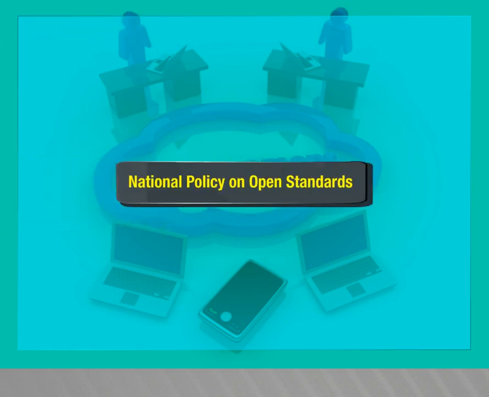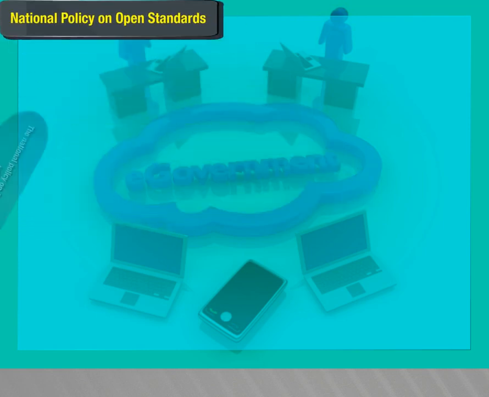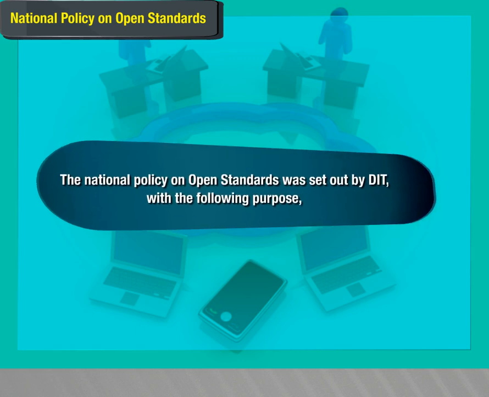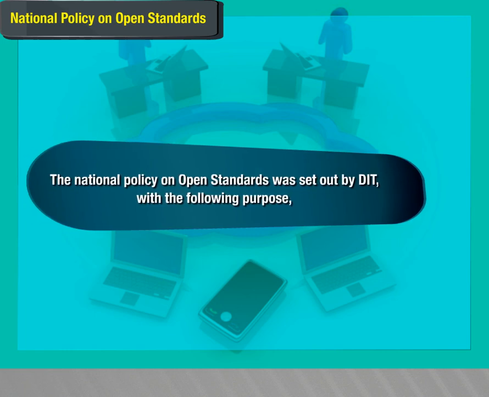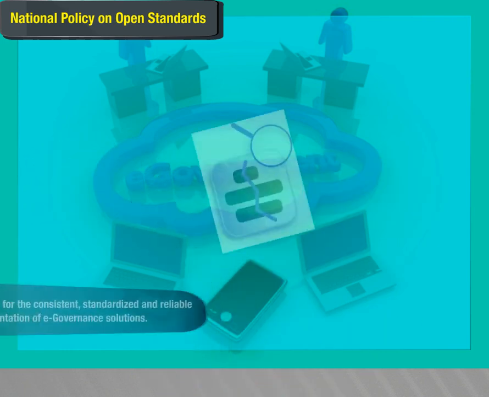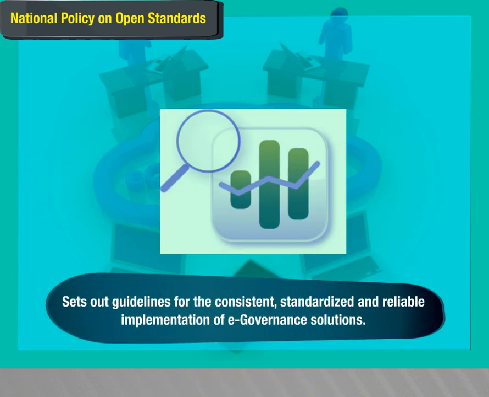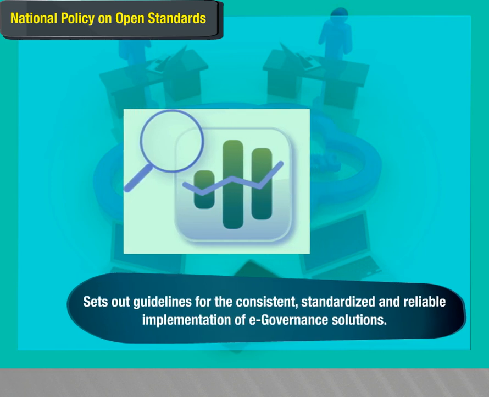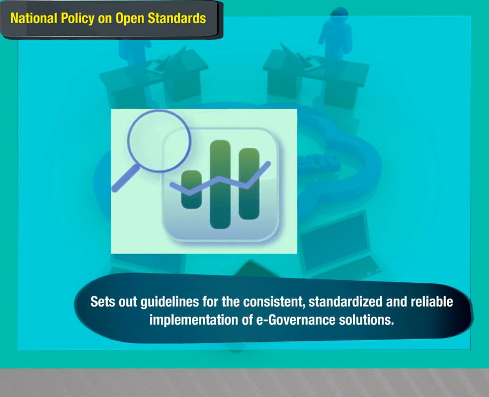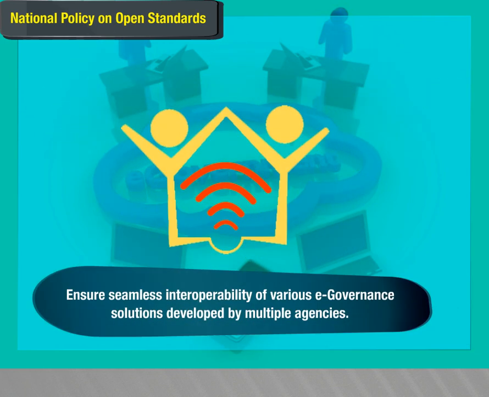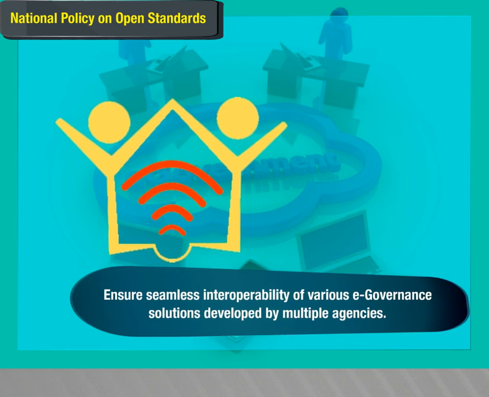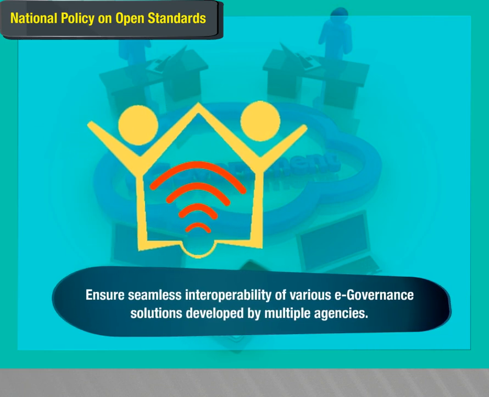National Policy on Open Standards. The National Policy on Open Standards was set out by DIT with the following purpose. Set out guidelines for the consistent, standardized, and reliable implementation of e-governance solutions. Ensure seamless interoperability of various e-governance solutions developed by multiple agencies.